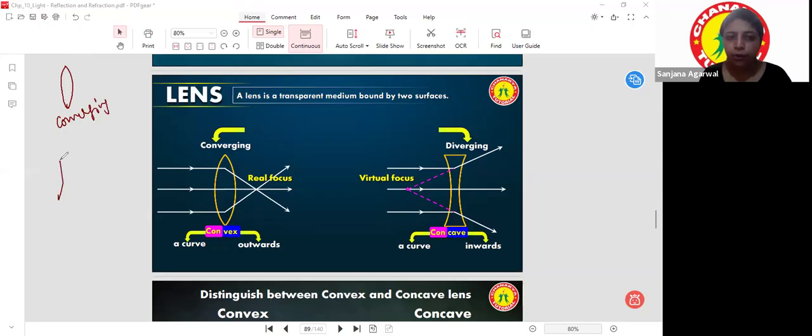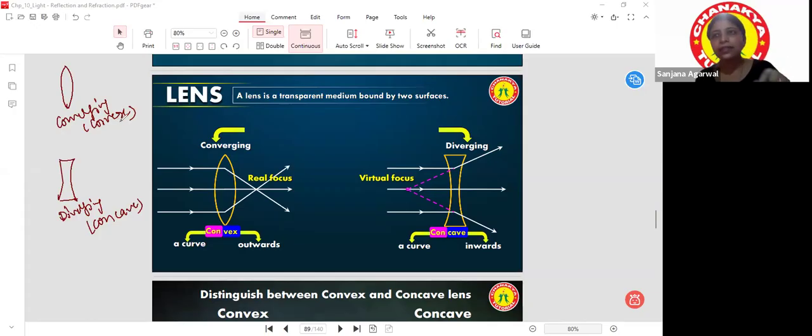And if we combine two concave surfaces, this is the diverging lens. The converging lens is convex in nature because two convex surfaces have joined here, and the diverging lens is concave in nature. So just simply telling you, to make everything easy.